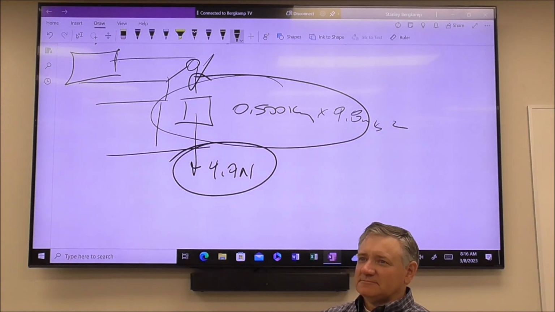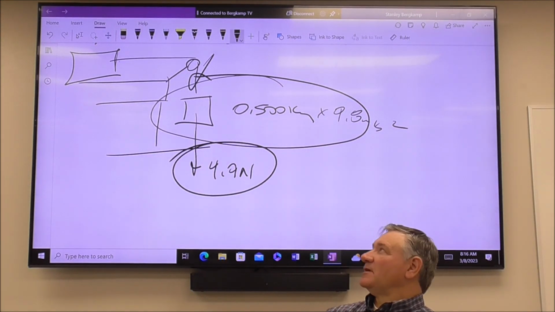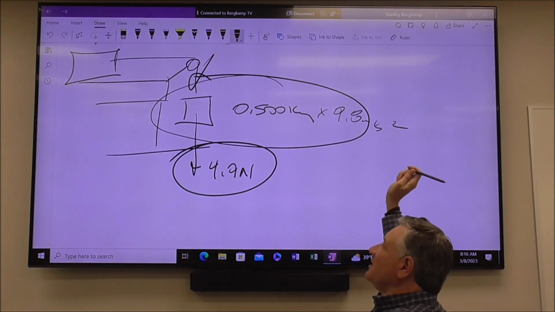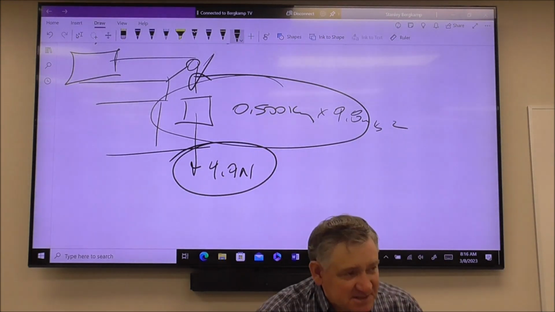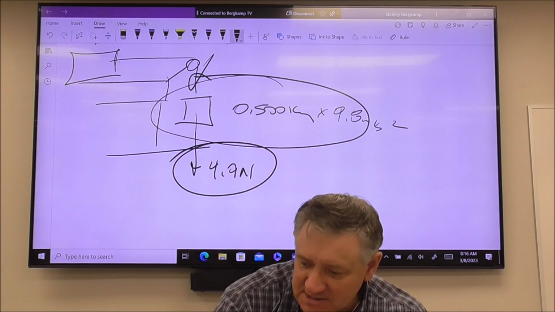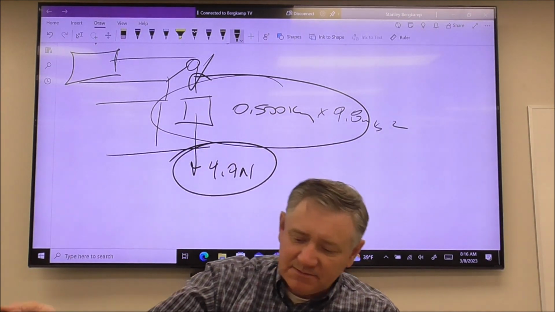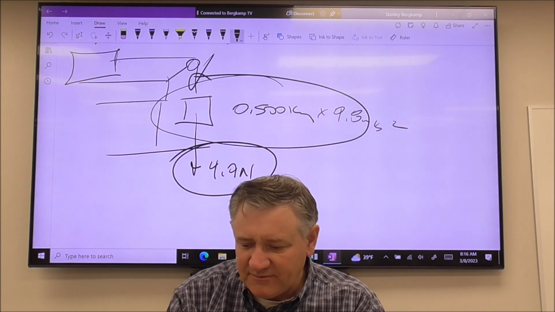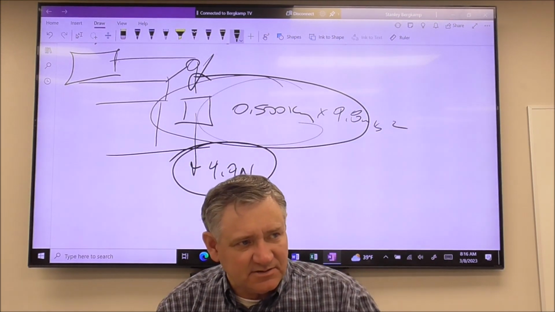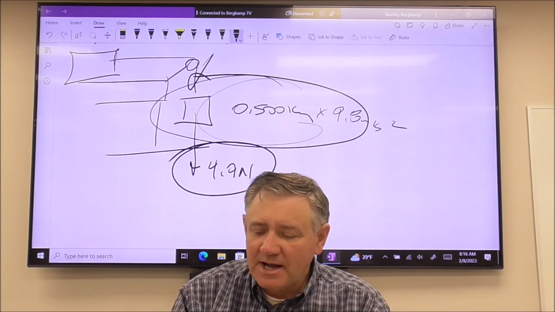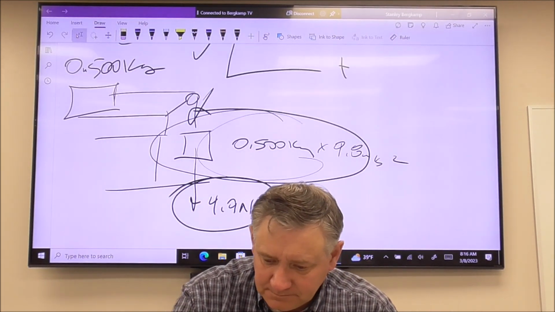Jaden. Thank God you didn't say gravity or I would have flipped out. Okay, so the acceleration due to gravity is going to be 9.8 meters per second squared because I have a 1/2 kilogram mass that's acted on by 4.9 newtons. I take 4.9 newtons, I divide that by the mass, I'm going to get an acceleration of 9.8 meters per second squared.